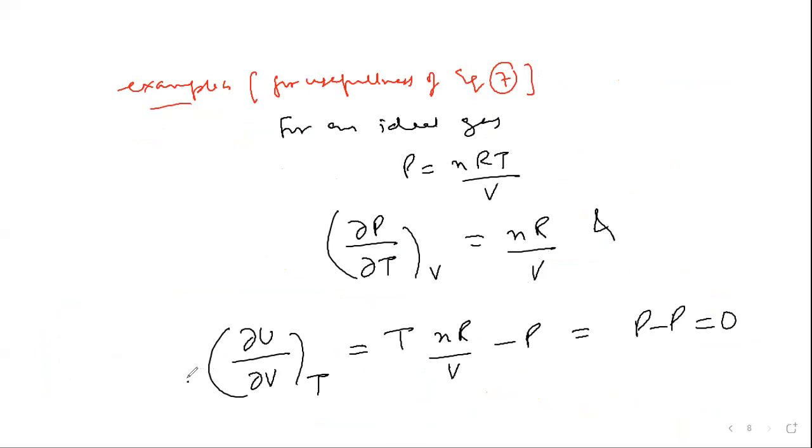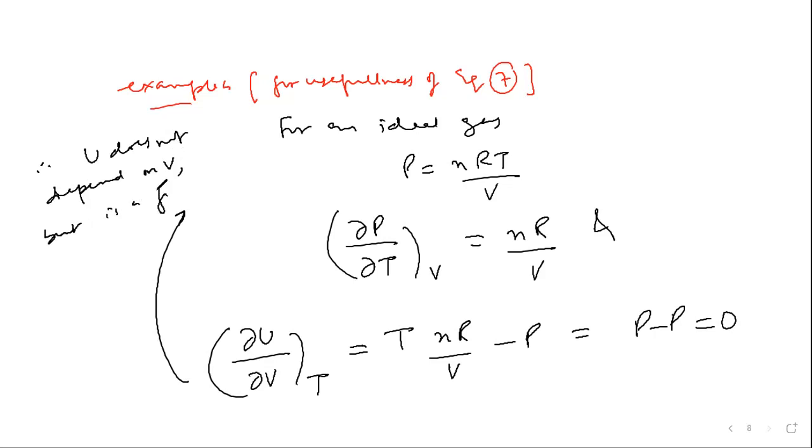What does that mean? It means U does not depend on V, but is a function of only T in an ideal gas.